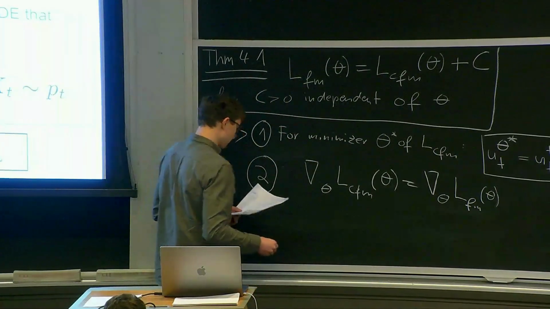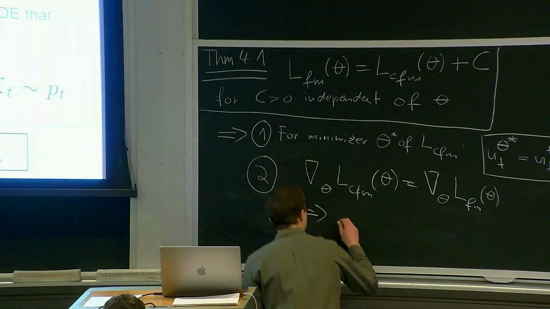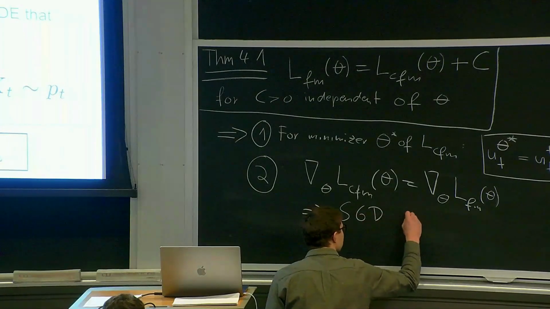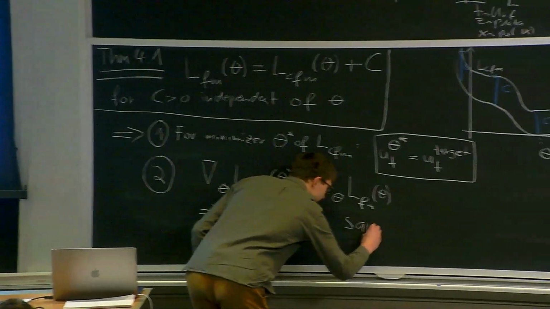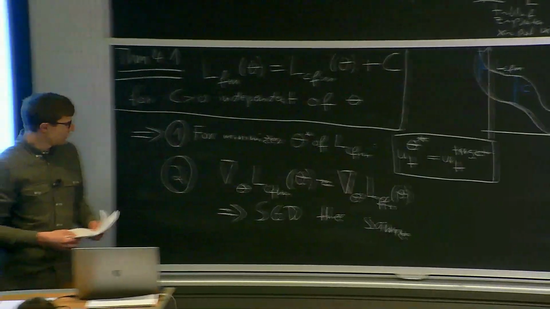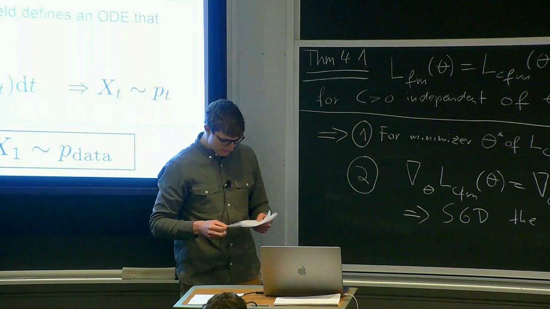So yes, the gradients are the same, which means that stochastic gradient descent, which I'm now writing as SGD, is the same. So your training algorithm will not differ. The training trajectories will not differ if you minimize this or the other loss.